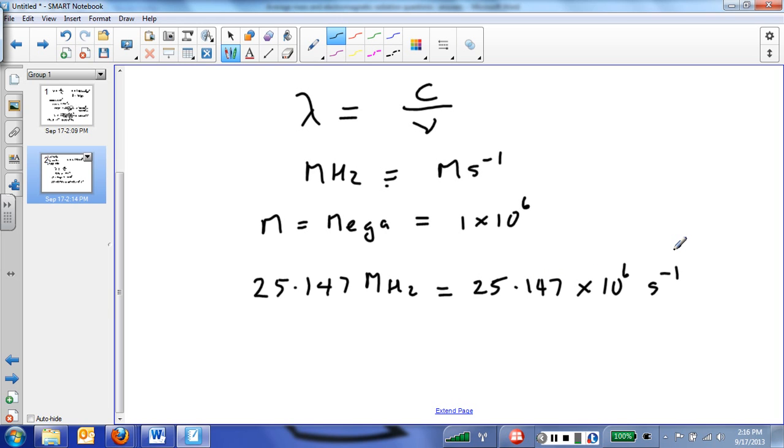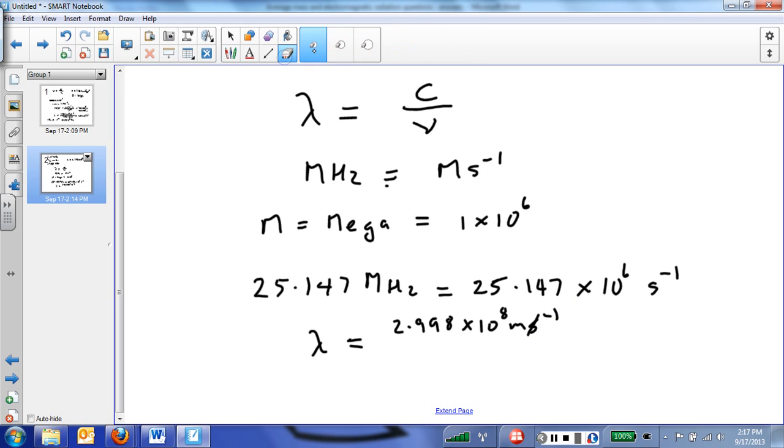Now we can solve as we did before, by substituting in our terms. I'll rewrite that one so that it's clearer.